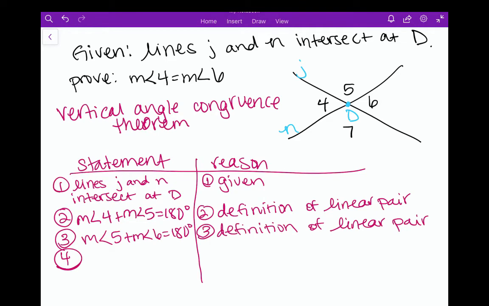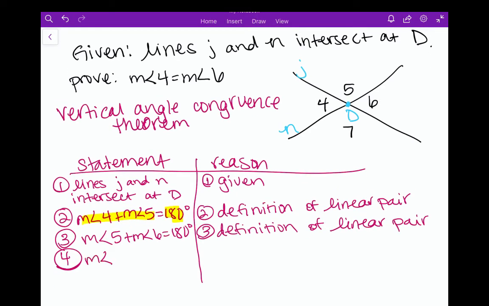Now, I can actually use substitution, because if 4 plus 5 equals 180, then wherever I see a 180, I could write measure of angle 4 plus measure of angle 5 instead.